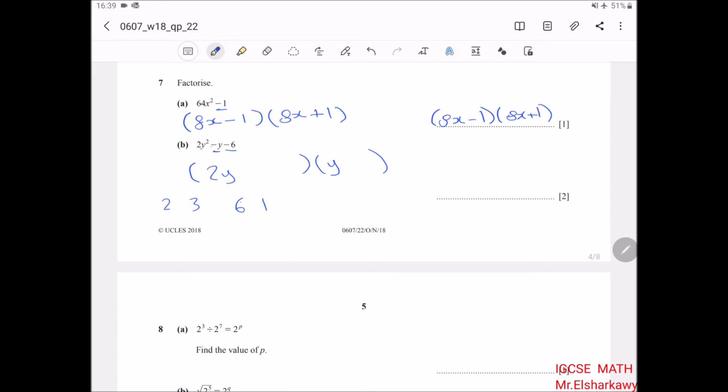This term has to have minus y, so this term will have 2y, so this would be minus 2, as minus 2 times 2y would give us minus 4y, and then this is plus 3, as minus 4y plus the 3y from this term would give us the minus y. So this is our answer, 2y plus 3 times y minus 2.